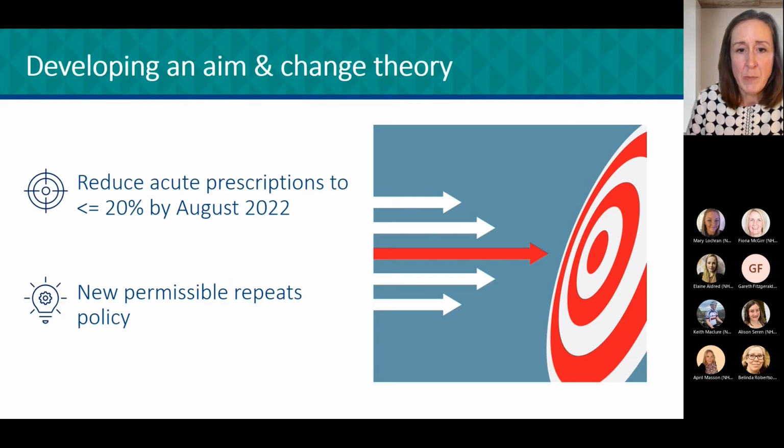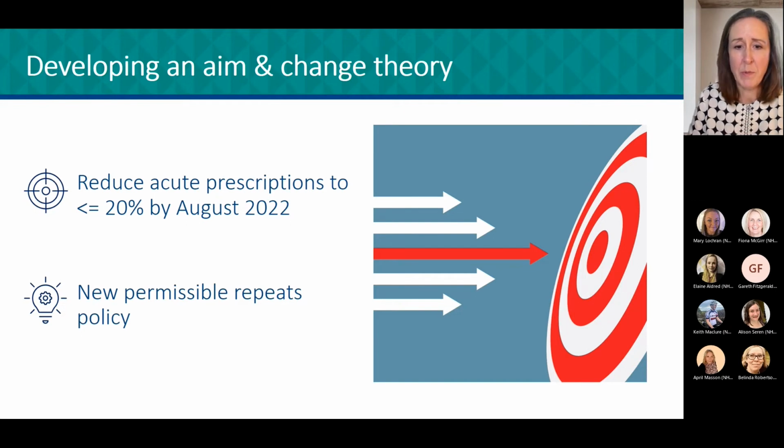So having done all this planning work and understanding our system, we were then able to name our improvement aim and what we were going to do about it. So we decided that we were going to reduce our acute prescriptions to less than 20% by August 22, because we knew our baseline was 25%, and that felt realistic and it felt achievable. And to do that, based on some of the resources from Healthcare Improvement Scotland, we decided that we were going to develop and test a new permissible repeats policy.